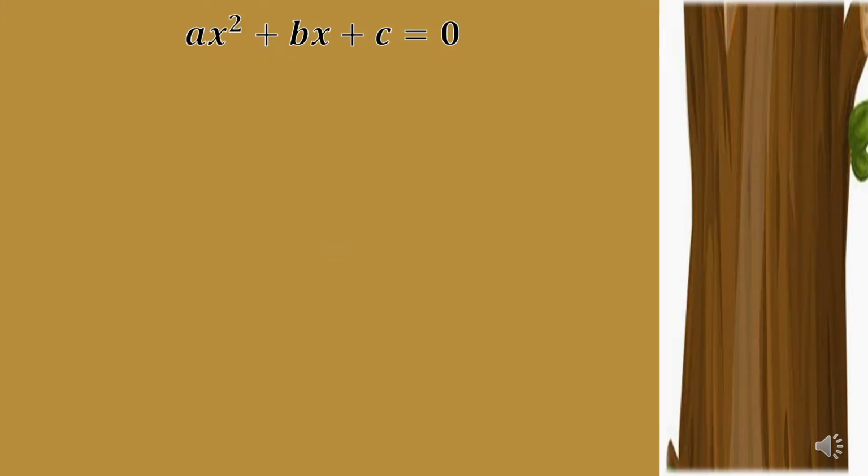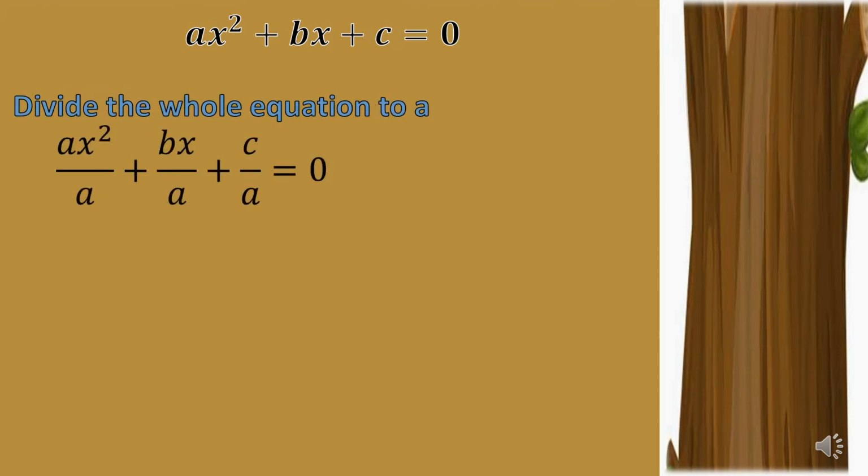Next, we take the general equation ax squared plus bx plus c and divide the whole equation by a, and that will give you x squared plus b over a x plus c over a. We will call this equation 2.